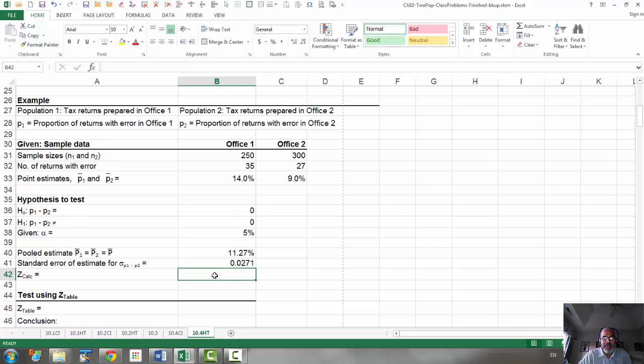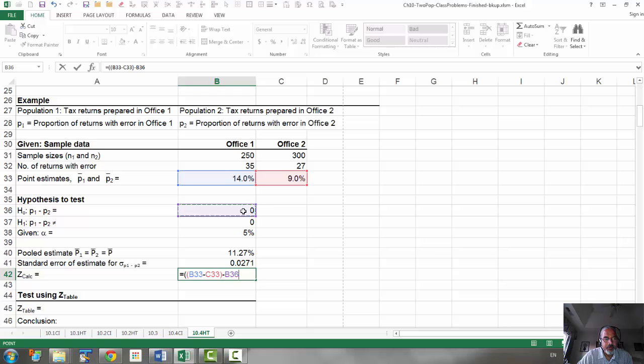Then z calc will be the point estimate for the difference, which will be P bar sub 1 minus P bar sub 2, minus 0. I need one more right bracket, so minus 0.